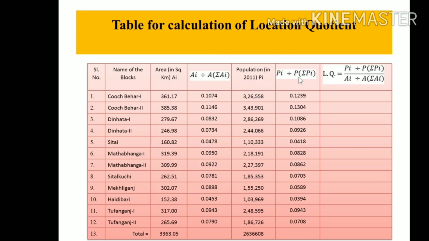After calculating Ai divided by A and Pi divided by P, you have to put the values in the formula of location quotient, that is Pi divided by P, divided by Ai divided by A. In case of Cooch Behar 1 block, when you divide the value of Pi divided by P by the value of Ai divided by A, the result is 1.1533 for Cooch Behar 1 block.